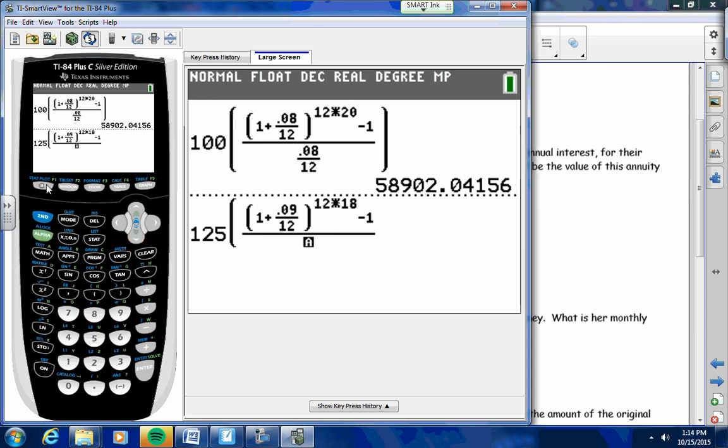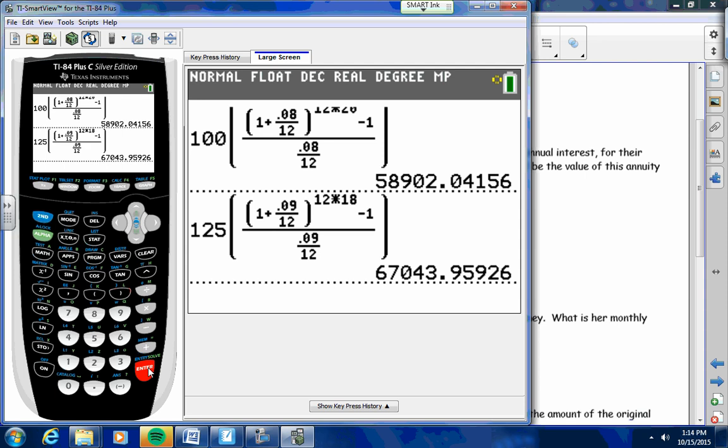In the denominator, we need the fraction, 0.09 over 12, close parentheses, and calculate. $67,043.96.